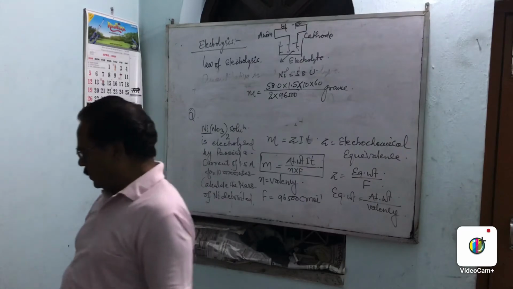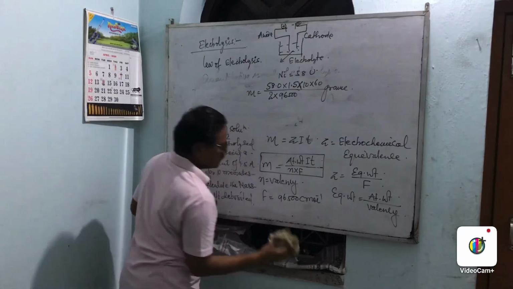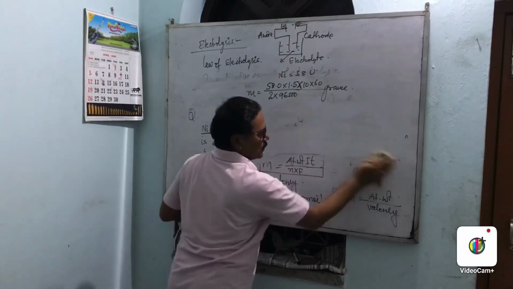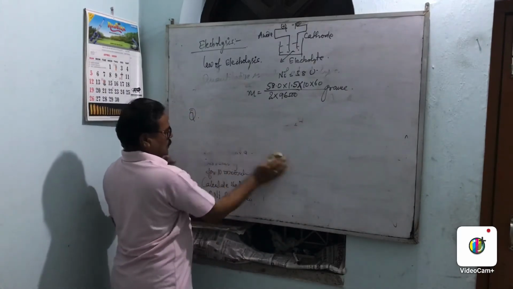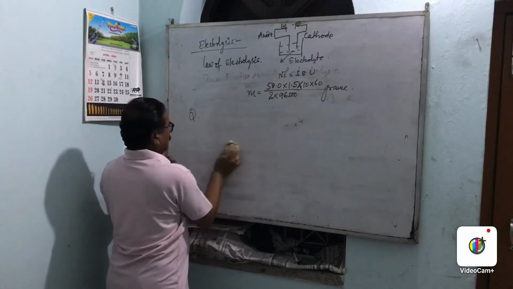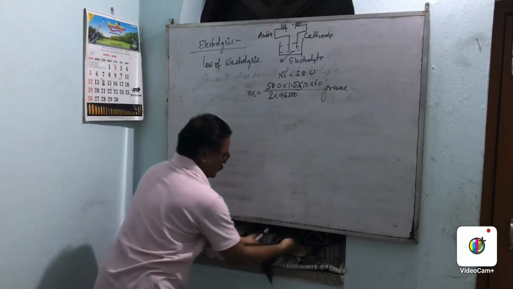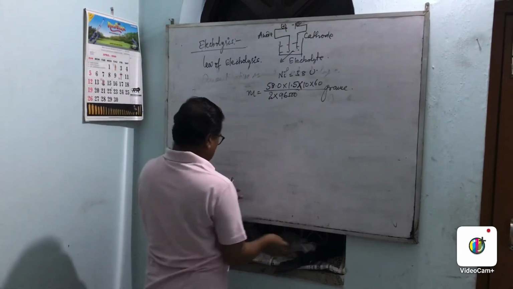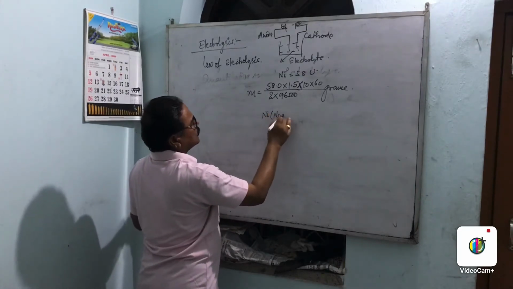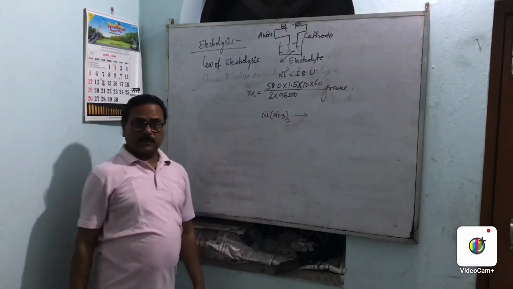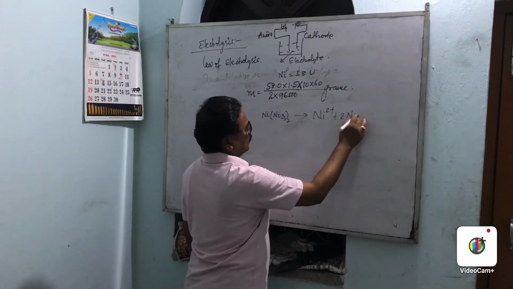Now, how will we solve it by the unitary method? Suppose we have nickel nitrate, so we know how to dissociate it: nickel 2 plus and twice NO3 minus.